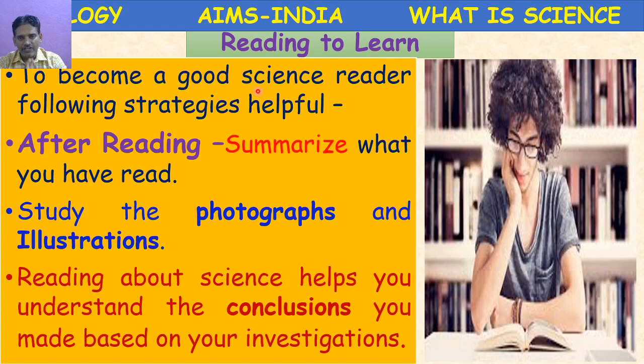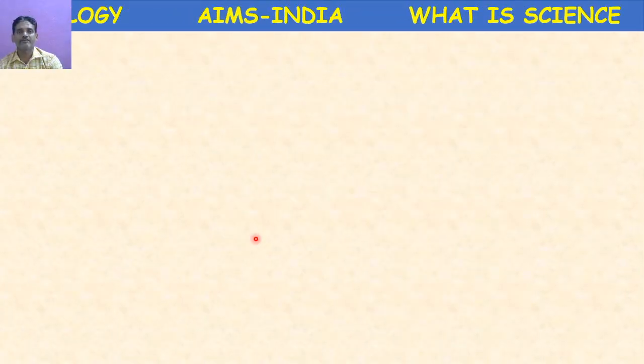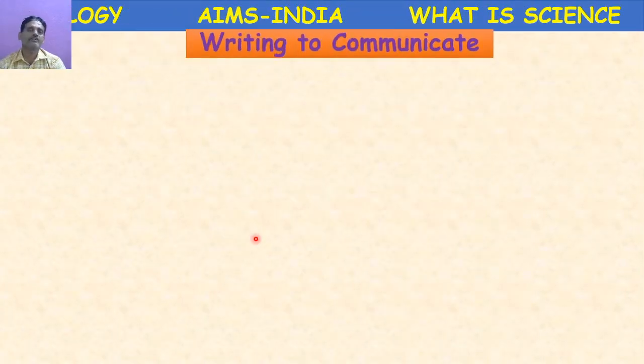Then it needs skills, the process skills you have learned. You have to analyze which skill is suitable to your investigation. For that purpose, you need to read and summarize.